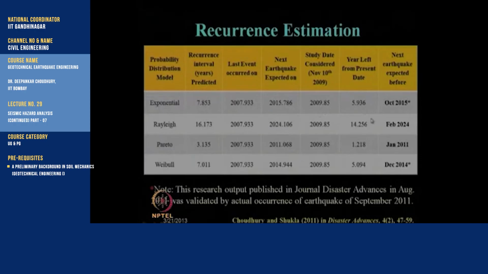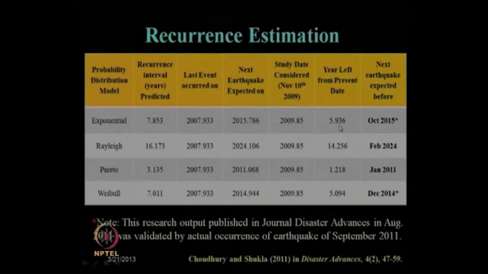So, as per the exponential model, after 5.936 years there will be an earthquake of magnitude 5 or more in the Gujarat region, whereas as per the Rayleigh model it is after 14.256 years, as per the Pareto model after 1.218 years, and as per the Weibull model after 5.094 years. If we add these up to this value, we get the next earthquake expected before these many years.